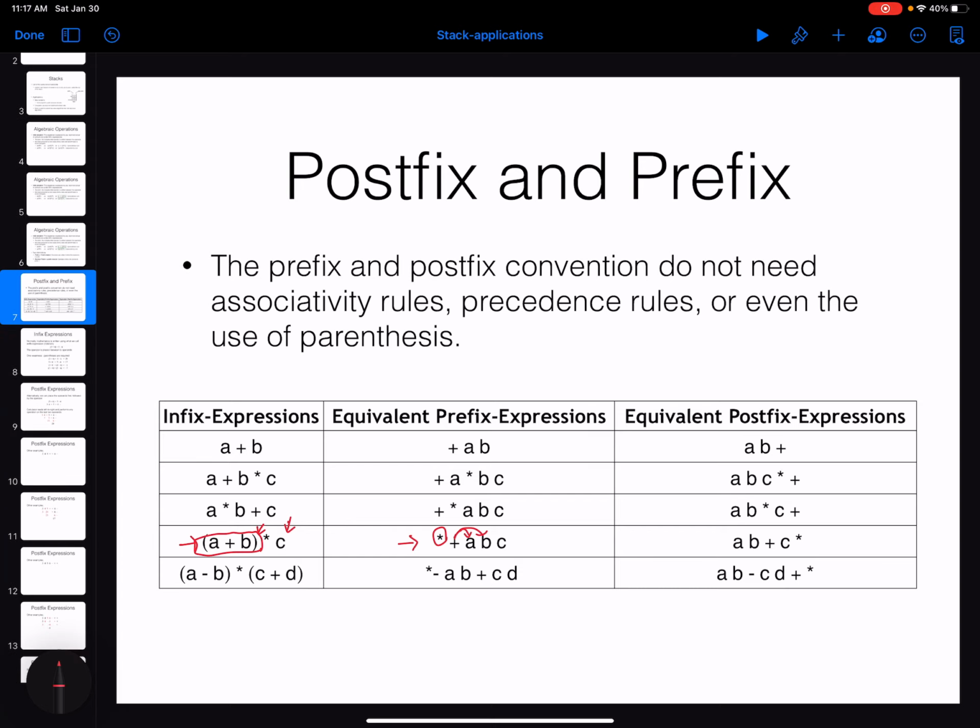So let me show you some examples. Specifically, I'm interested in postfix notation. The reason is that, as a programmer writing a program to calculate an expression, postfix notation is going to be much easier to work with than prefix notation. So we are going to stick to postfix notation.